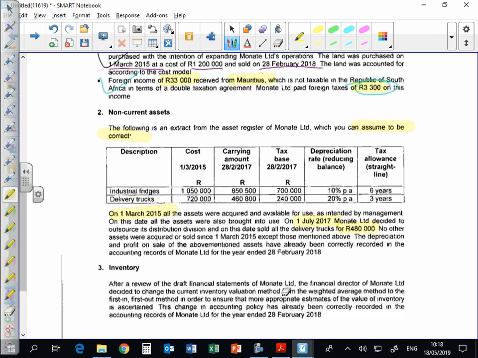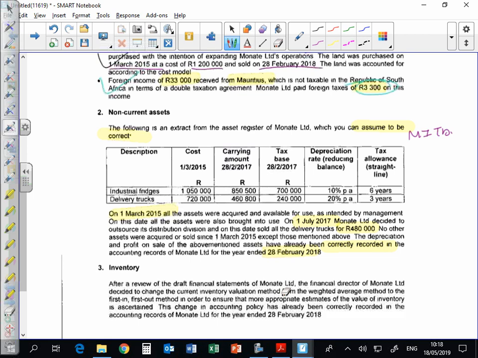The depreciation and profit on sale of the above-mentioned assets have already been correctly included in the accounting records at year ended 2018. So it doesn't affect our profit before tax. However, these will affect our movement in temporary differences, and we need to put that in our calculation to calculate our deferred tax.